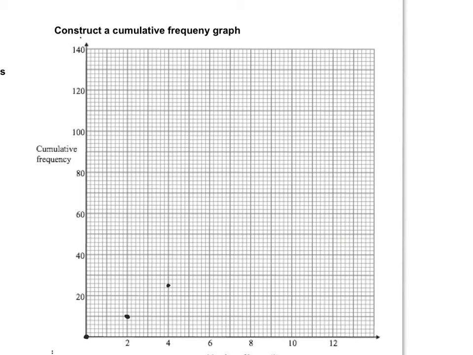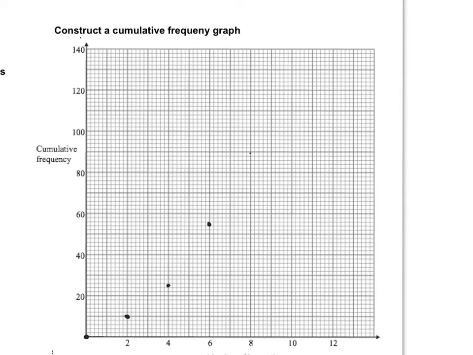And then the top of the next interval is 6. So at that point, my cumulative frequency is 55. So I have to go and find 55. So that'll be here. And then the top of the next interval is 8. And when I get to 8, I have 90 as my cumulative frequency.